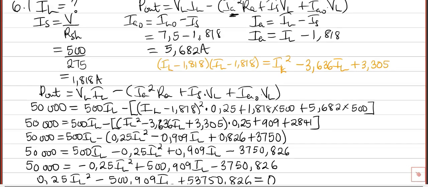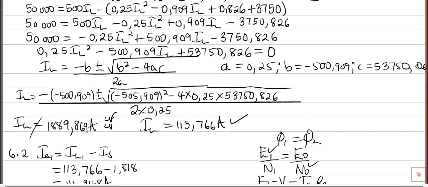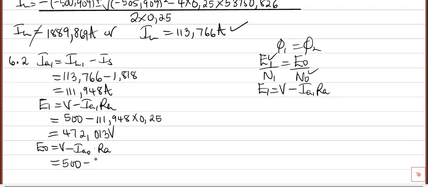Our IAO is 5,682, which we found earlier on, times 0,25.